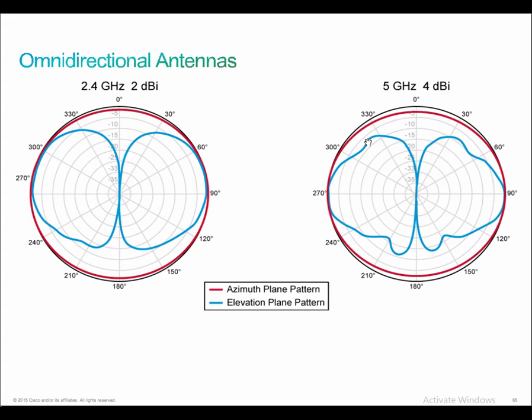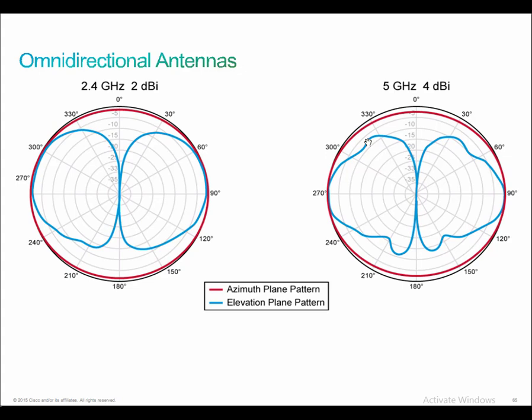Dual band meaning 2.4 gigahertz and 5 gigahertz. It's not very powerful, because since we're sending the signal in all directions, we have to radiate that power in multiple directions. So we're going to lose a lot of that gain because it's not a directional antenna.